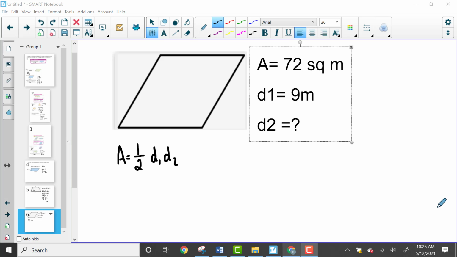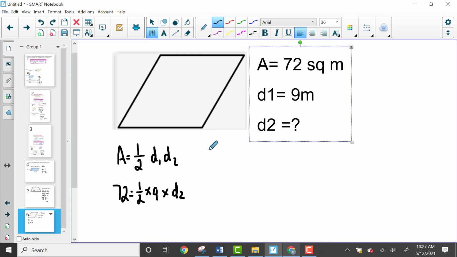So finally, let's take a look at a rhombus. We have the area is 72 square meters here. First of all, we have our formula, area equals 1/2 times diagonal 1 times diagonal 2. So we have 72, we'll just plug in our numbers, equals 1/2 times diagonal 1, which we know is 9, but we don't know what diagonal 2 is.